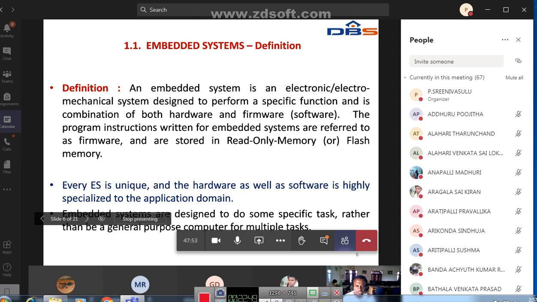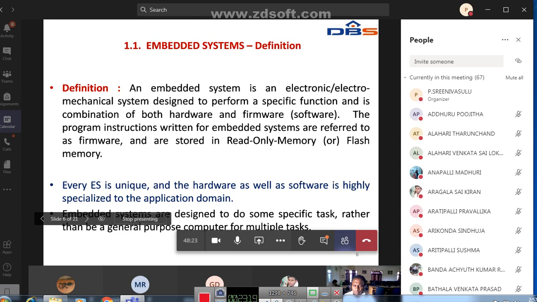Embedded systems. Okay, now embedded systems are designed to do some specific task rather than the general purpose computer for multiple tasks. Already I have told you, normal general purpose computer, that is a normal desktop or laptop computer. If you want to edit any particular worksheet, you can edit it, you can listen to music, you can watch movies, and you can write programs and execute them.